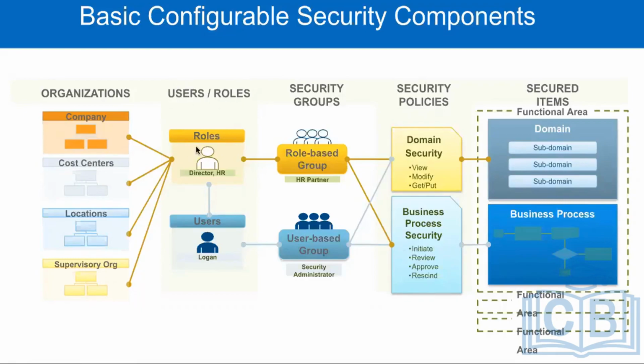What we did is we used assignable roles as our driving factor and gave access to different users. Now we can assign that role at the company level, at the cost center level, at the location level, or supervisory, or a combination of some of them. And then you have a user based type which is completely unconstrained.